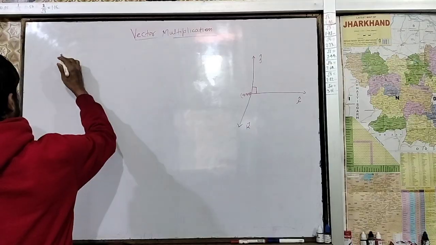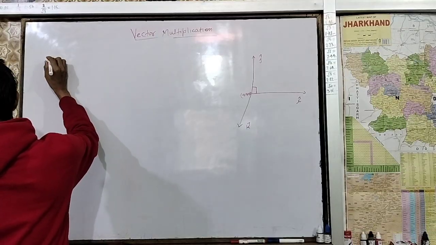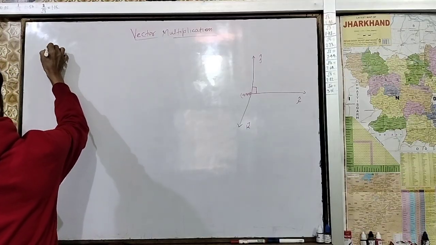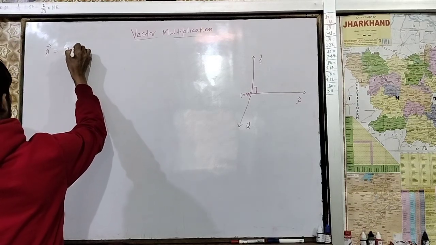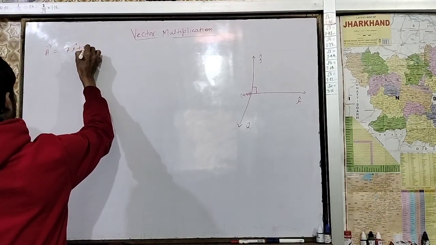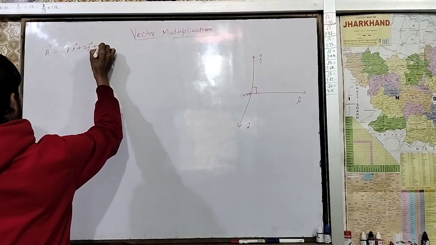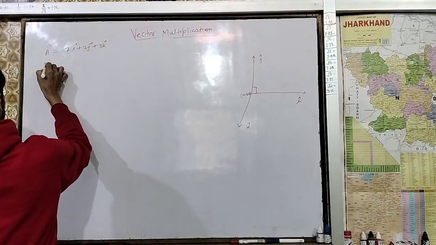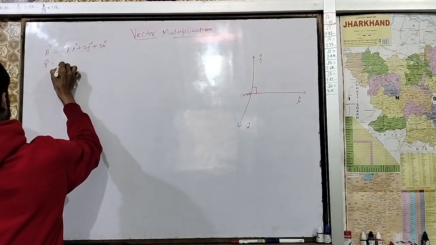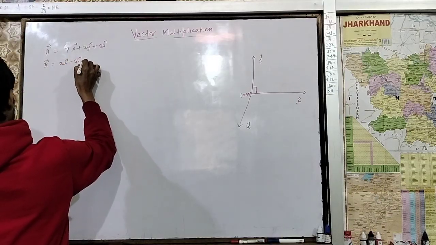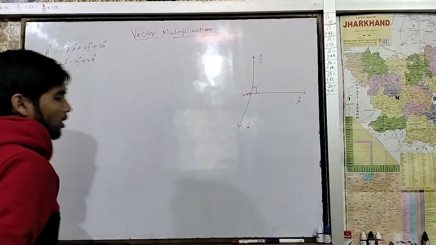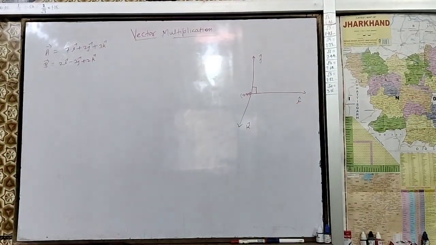Look at over here. Another question, it is a little bit different. There are two vectors, okay?